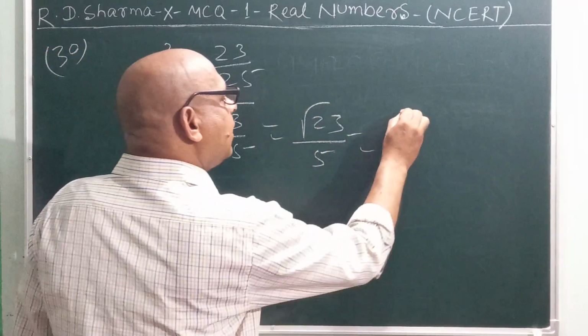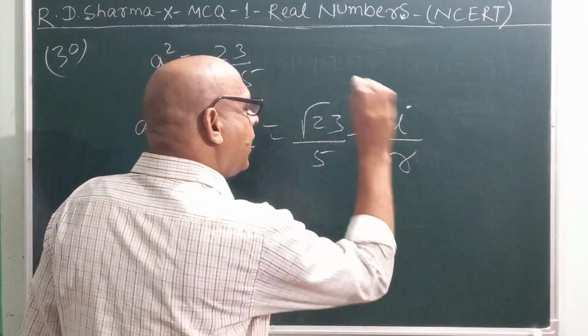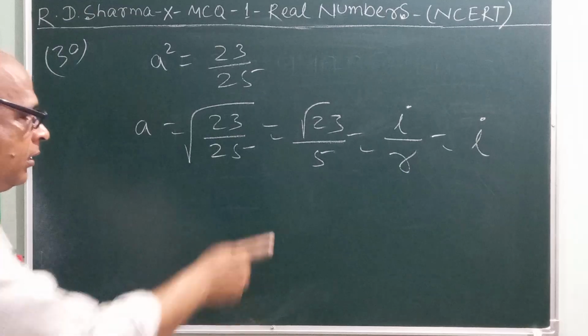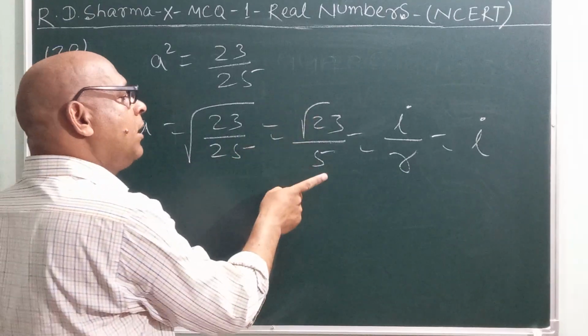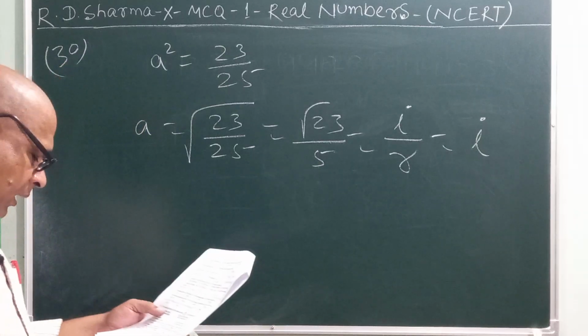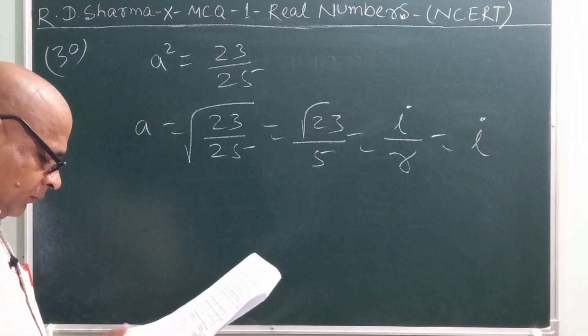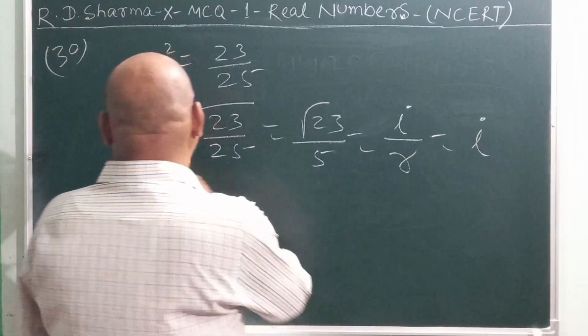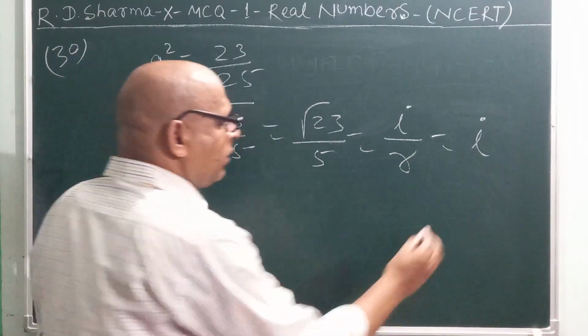Clear? An irrational number divided by a rational number equals an irrational number. So A is an irrational number. Answer B.